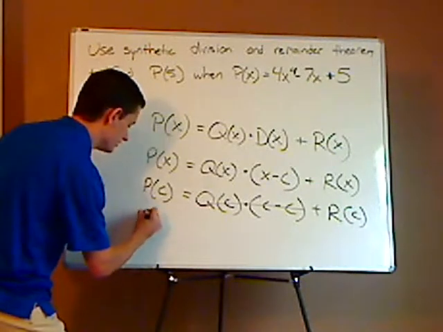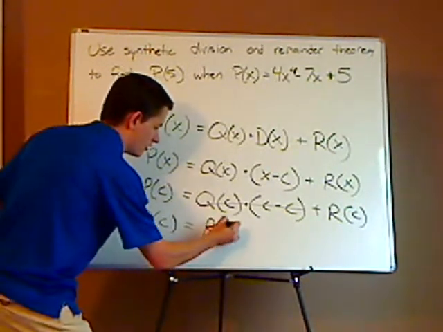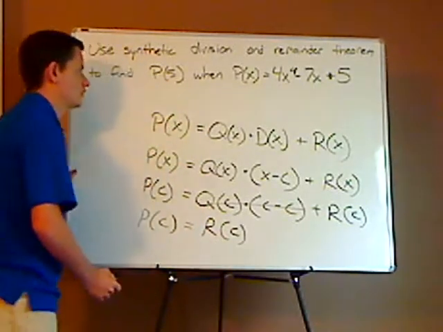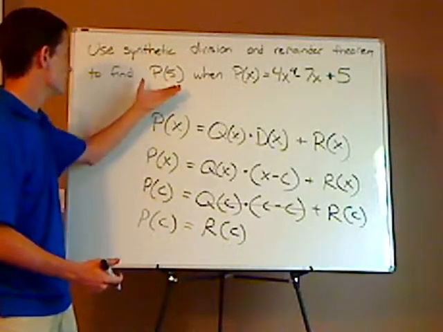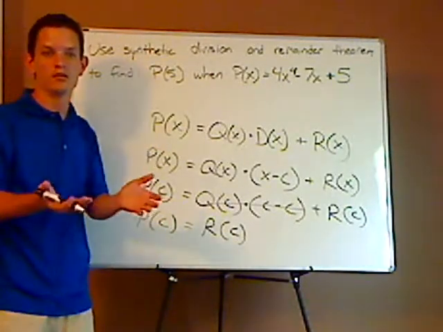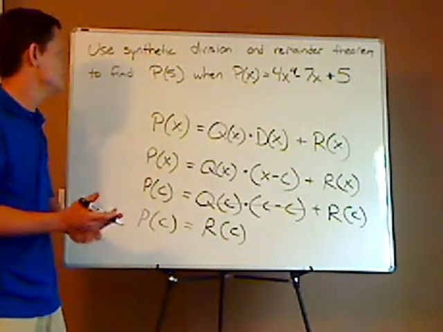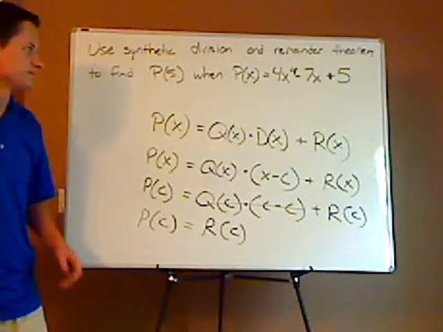So p of c equals r of c. So the remainder, when you use synthetic division, is actually going to equal p of that number, whatever you plug in.